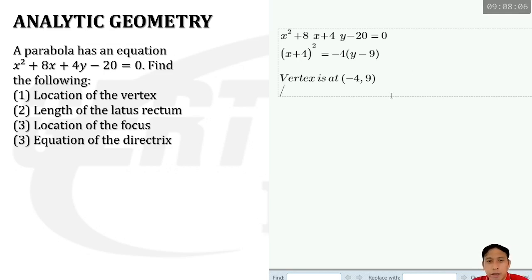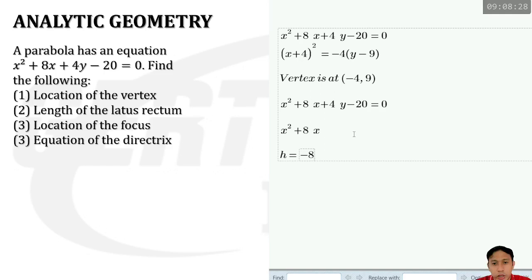Looking at the equation, x squared plus 8x plus 4y, with that I could directly say that h is equal to negative of 8 over 2. Bali, negative half mo lang yung coefficient ng linear term. So h is equal to negative 4.